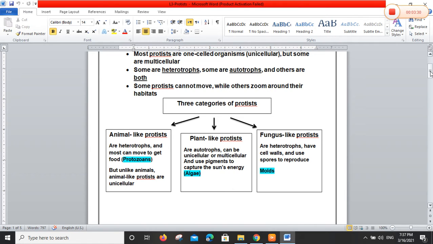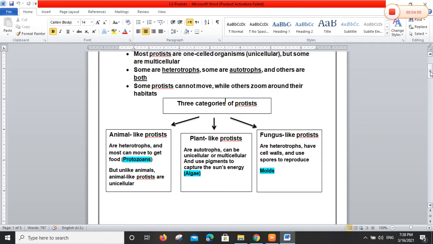This is the second category of protists. We mentioned in the previous part that most protists are heterotrophs and some are autotrophs. Plant-like protists are autotrophs, which means they can make their own food.